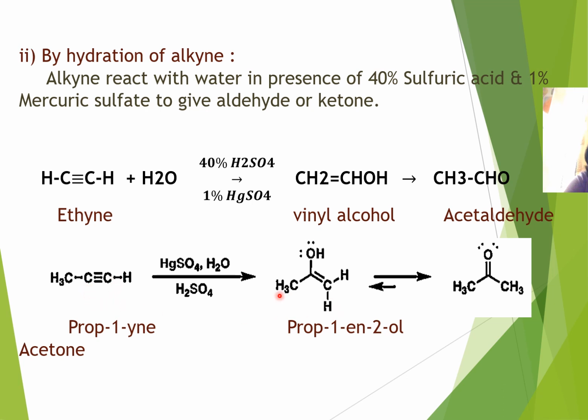So you get CH3-C(OH)=CH2. Then there is a shift of hydrogen from the oxygen to here and you get CH3COCH3. So acetone is formed. Propen-2-ol is formed, and there is keto-enol tautomerism and the ketone is obtained. Clear? So propyne gets converted to acetone. Clear?